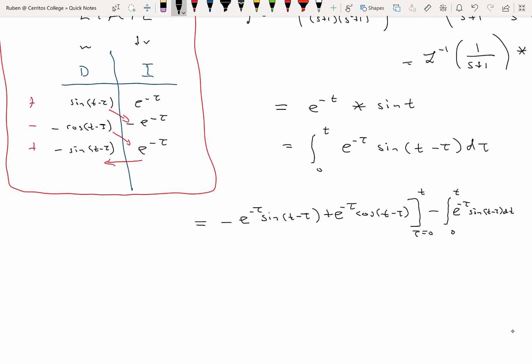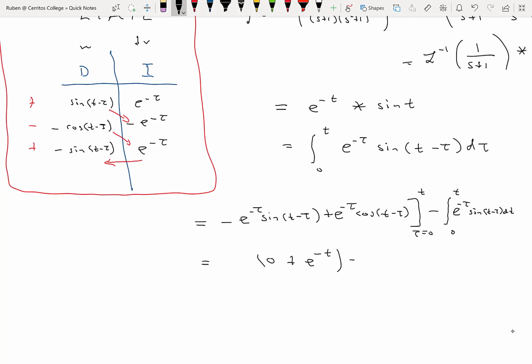Okay, so if we substitute tau equals t, the sine turns to 0. The cosine term, tau equals t, cosine of 0 is 1, so we have plus e to the minus t, that's it from the upper limit. Now the lower limit we subtract, tau equals 0.